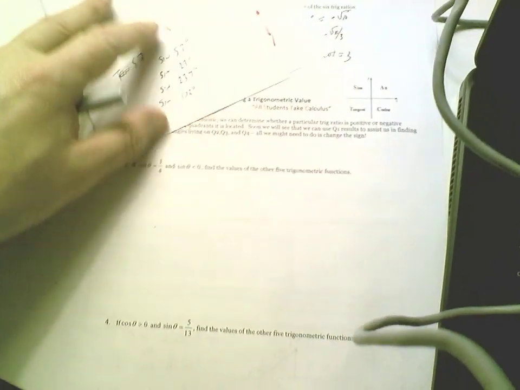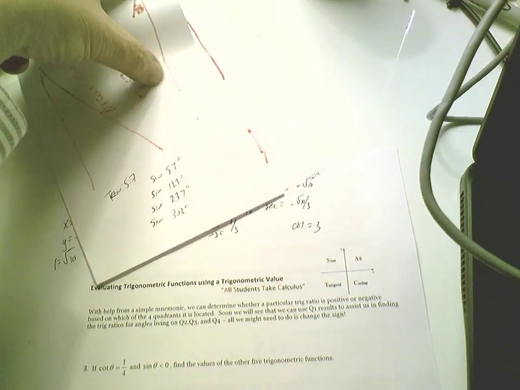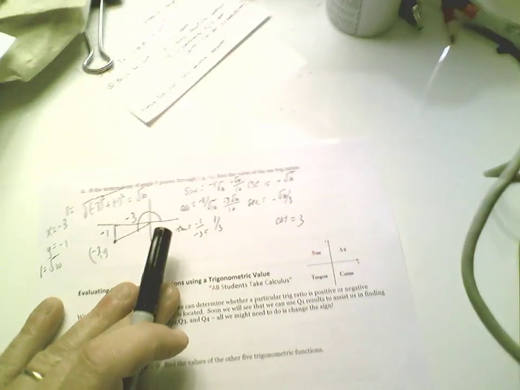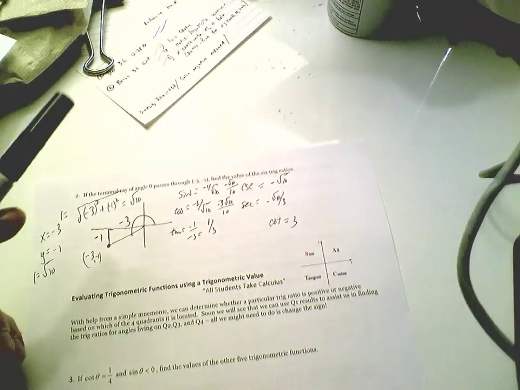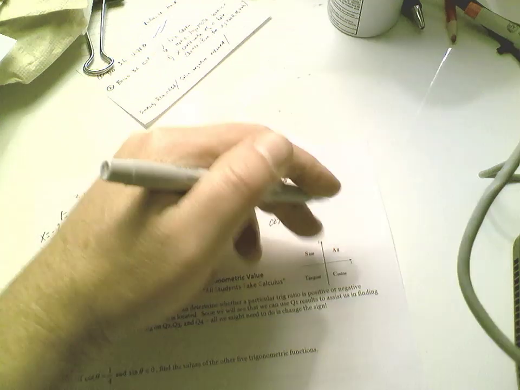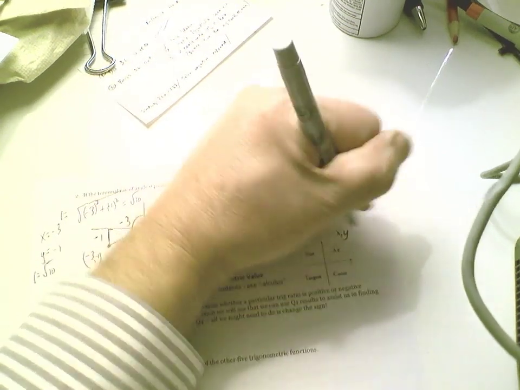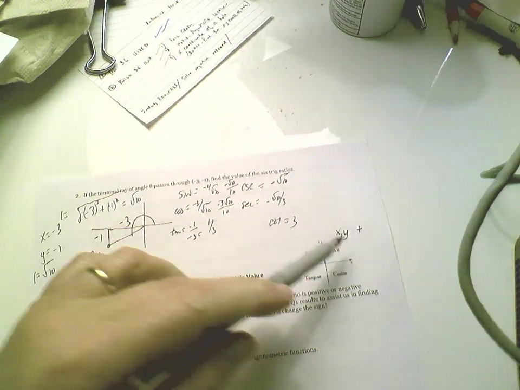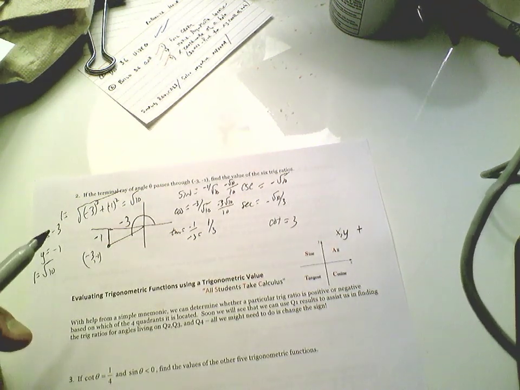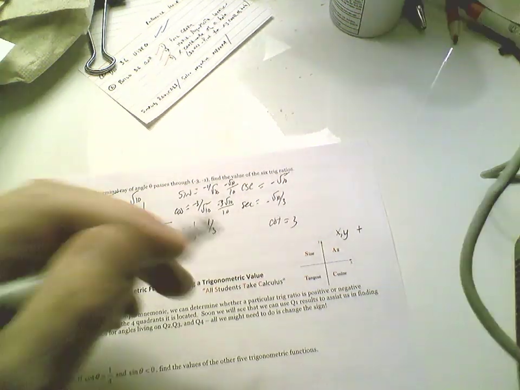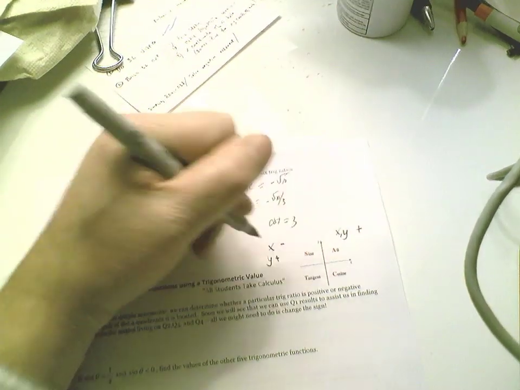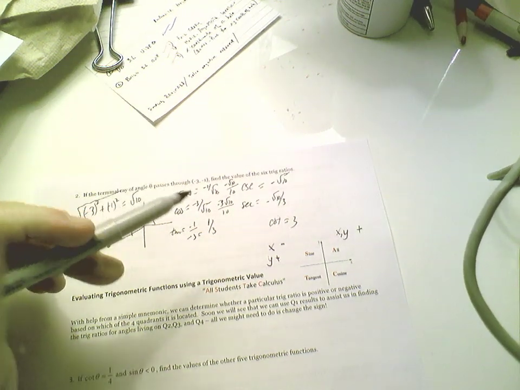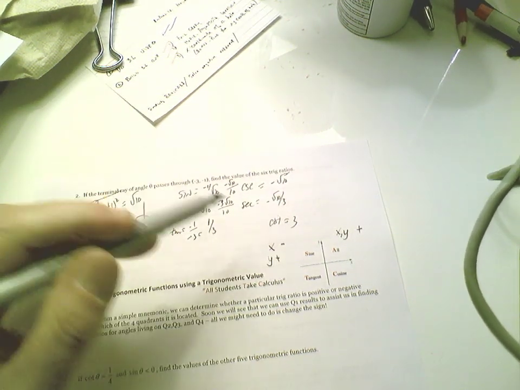The bottom line is this led us into the following relationship that you see here as a mnemonic. To evaluate trigonometric functions, understand the following key. In quadrant 1, x and y are both positive, so all the trigonometric ratios are always going to have positive results. In quadrant 2, x is negative, y is positive. That means the sine is going to be positive, but the cosine and tangent are going to be negative.